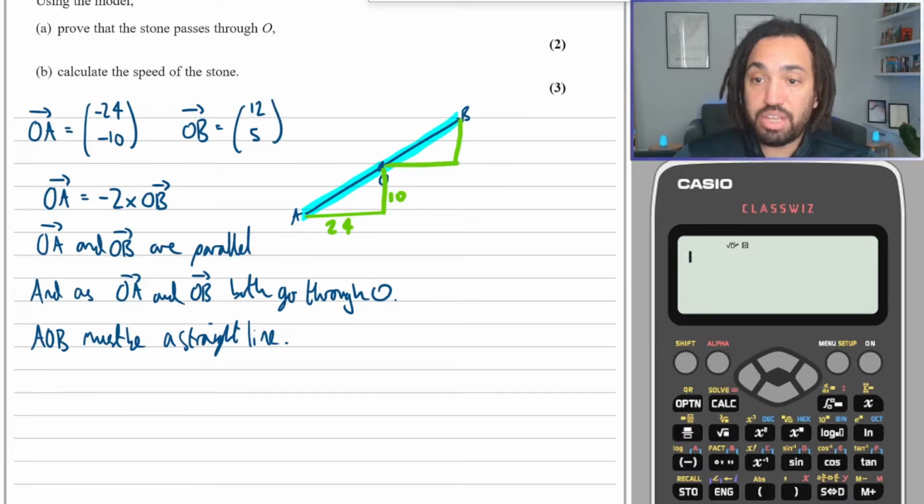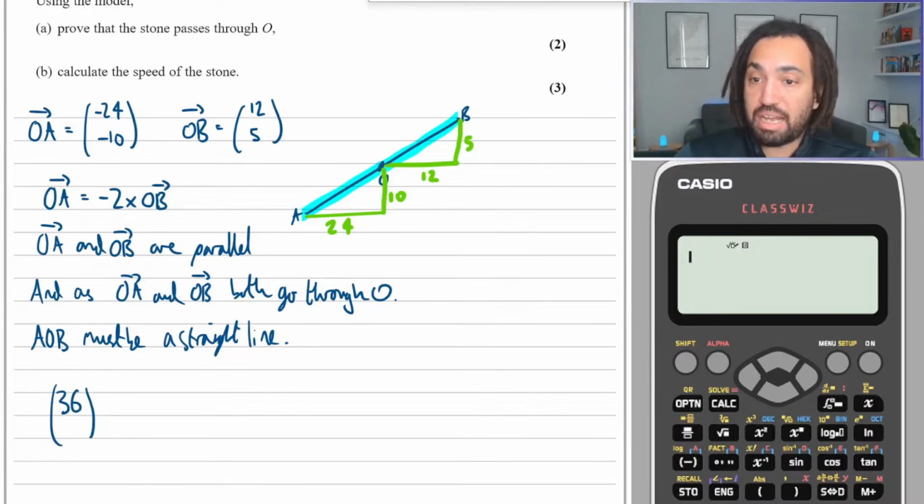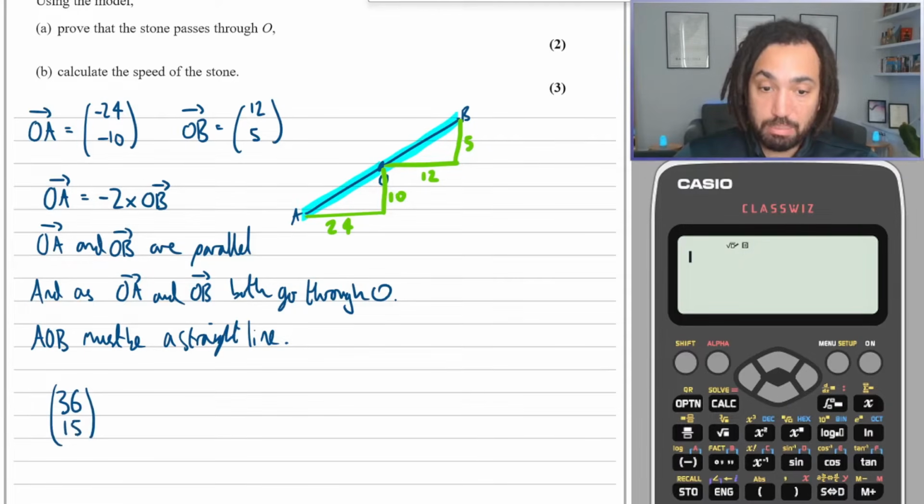And this was 12 along and 5 up. So in total, I've gone 36 along and 15 up.